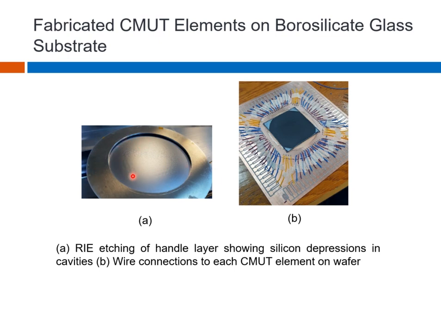Okay, you can see over here that you have some finite depressions, and you can see those regions. So this is the point where the RIE etching has stopped, and you have a finite depression in the CMUT cavities because you have vacuum in the cavity and the air is depressing the very thin silicon.